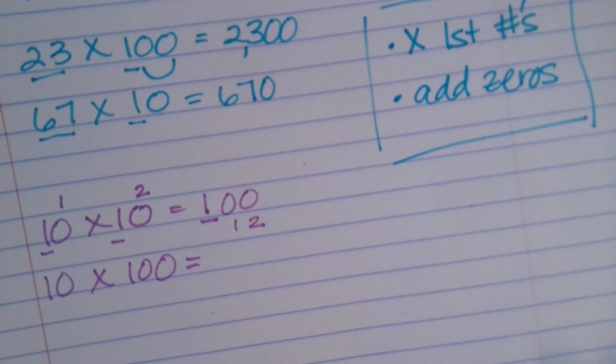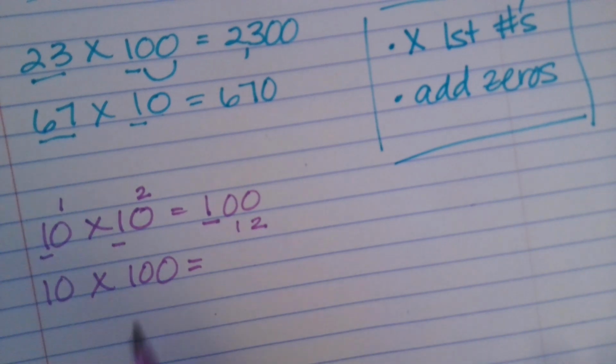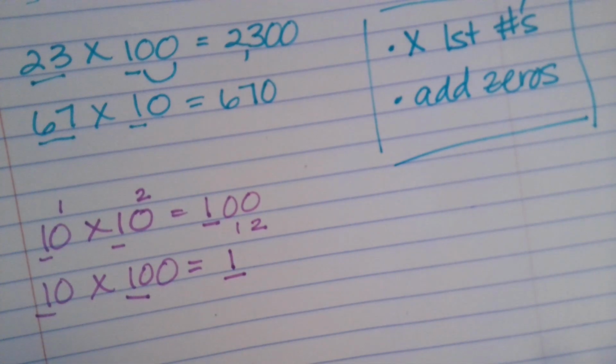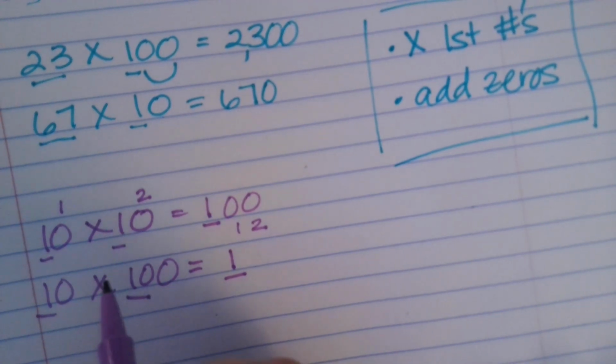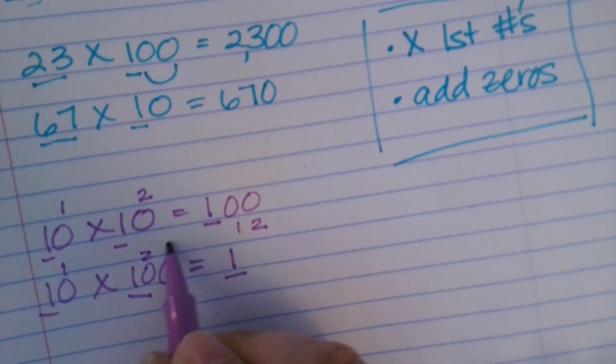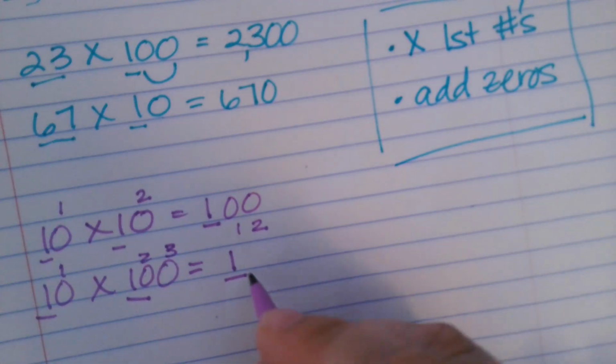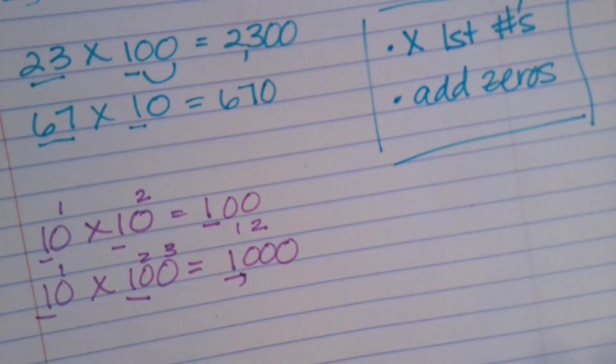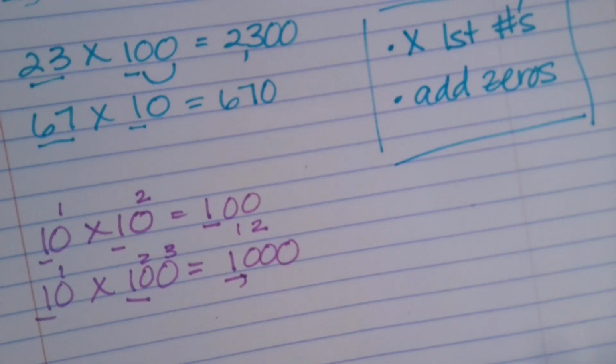John, what do I do? So basically, 1 times 1 is 1. You add the 2 zeros over there, and then the numbers left. And then I have 1, 2, 3 zeros, and I have 1,000. Absolutely, I wasn't saying you were wrong. I just wanted to know why you thought it was 1,000.